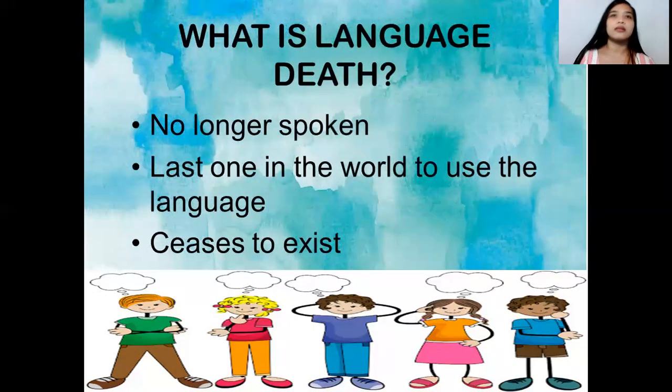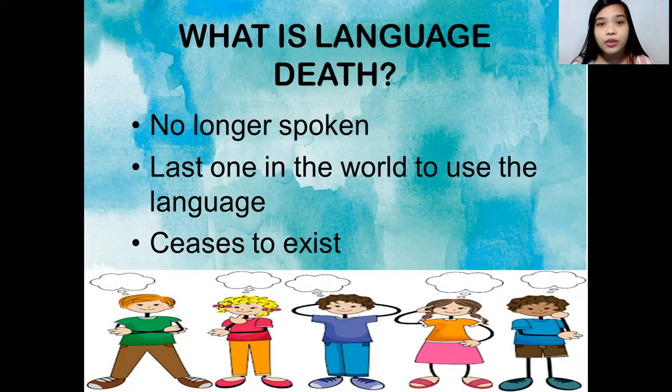Let me give you an example. How about Chavacano? I'm not quite familiar, but I think most fluent speakers of Chavacano are currently residing in Zamboanga City.